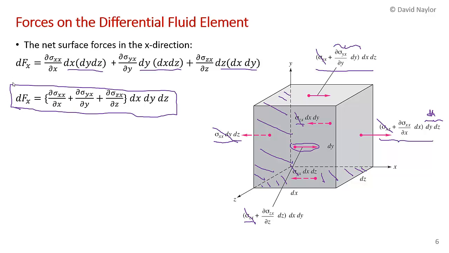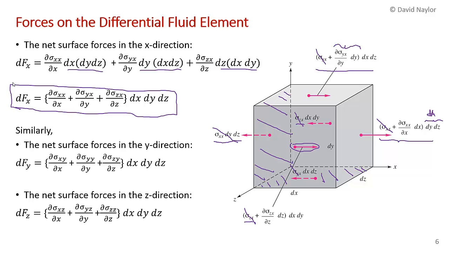These are surface forces. We also have body forces as well. So similarly, the surface forces in the other directions, in the y and z directions, can be figured out in just the same way. And I've written them down. You can quickly have a look at them. You'll notice there's three components in both of them, just like in the x direction.